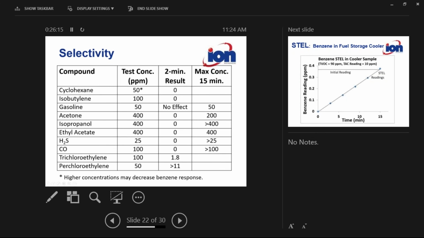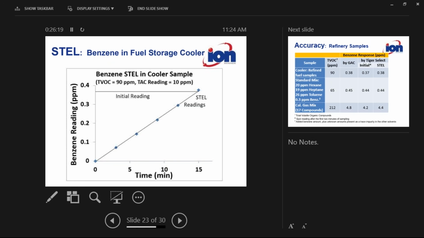This shows you, we now took these off to a refinery and did some actual testing on actual samples. This was a cooler where they stored samples of refined fuels, diesel and gasoline and various grades, and the total VOC content in here was 90 ppm in the airspace.